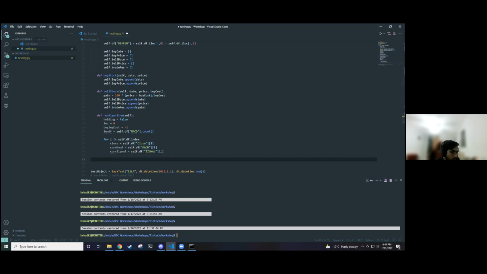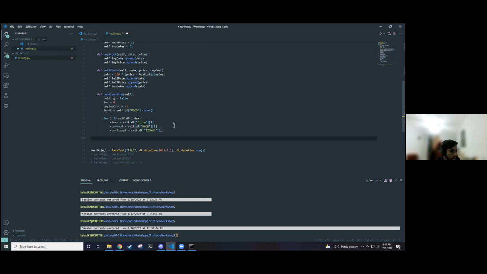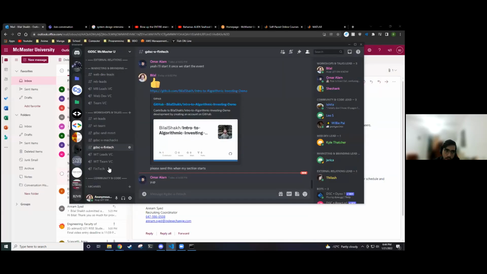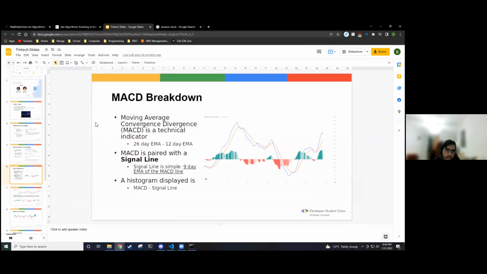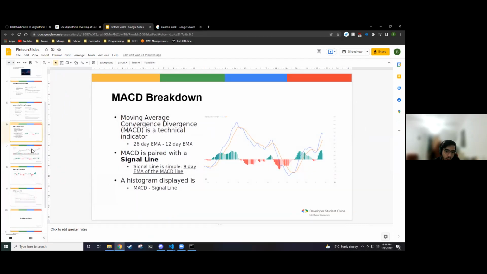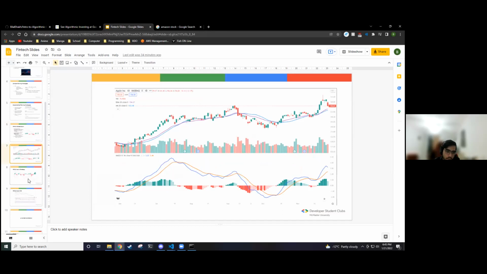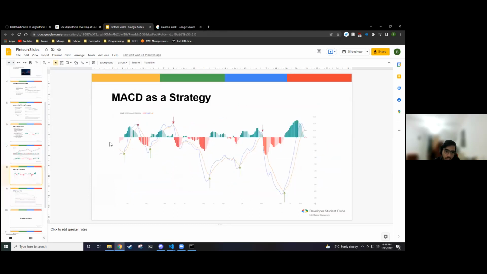So let's simulate the situation where you would want to buy the stock. As stated here in the algorithm, you want to buy when the MACD crosses the signal line right here.